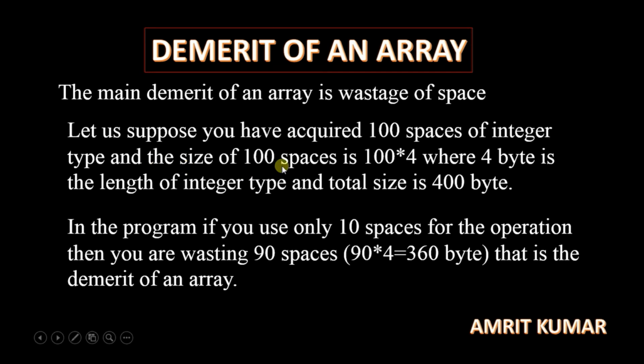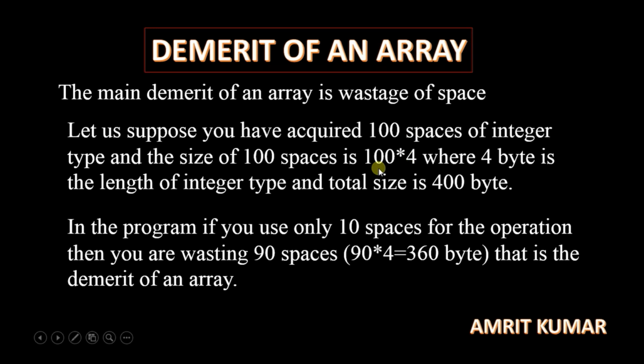The size of 100 spaces is, because we have studied that the integer data type is stored in 4 bytes, therefore 100 into 4. We have studied that the integer data type stores 4 bytes in 64 bit and 2 bytes in 32 bit. Here I am assuming 64 bit, therefore I am using 4.